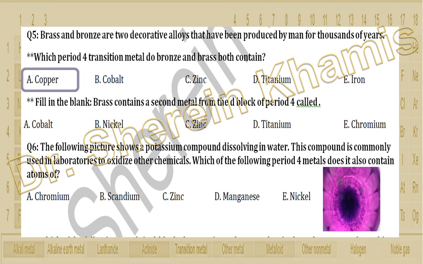We have another question, fill in the blank. Brass contains a second metal from the d-block of period 4 called what? Brass means the golden yellow layer, giving the shape and yellow color of gold.